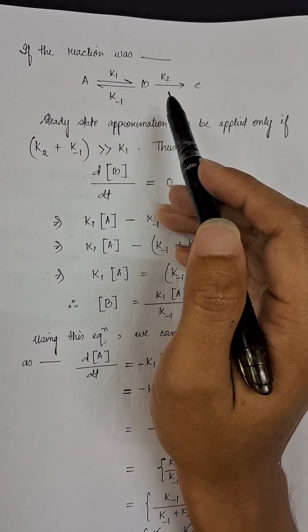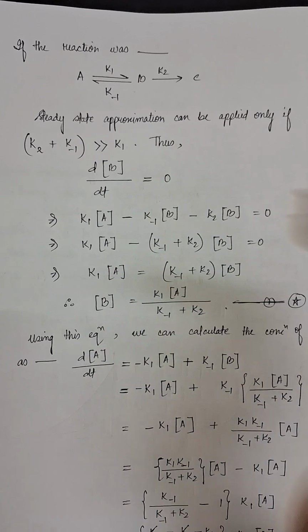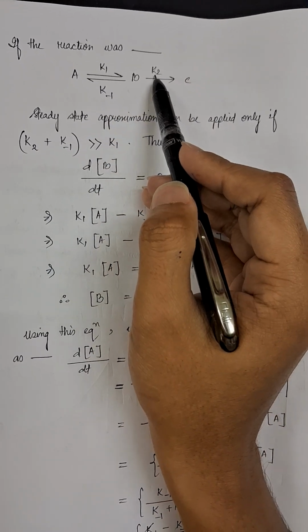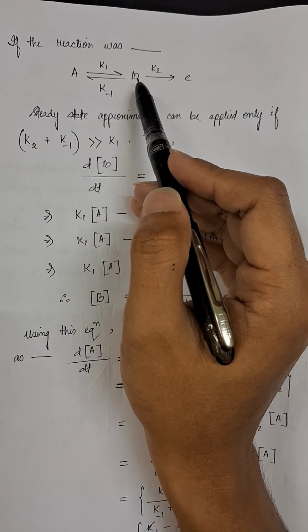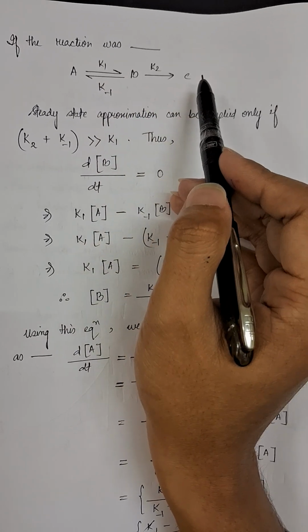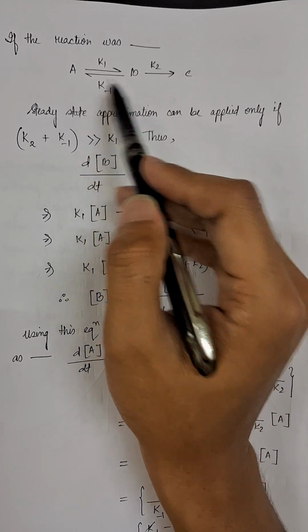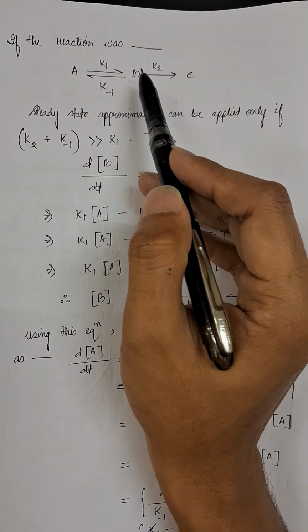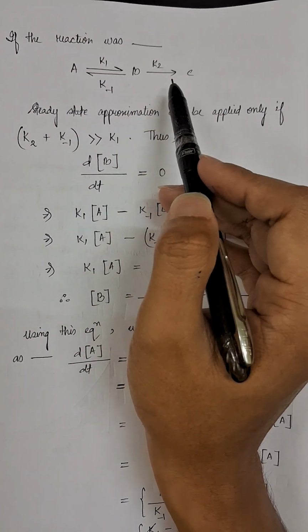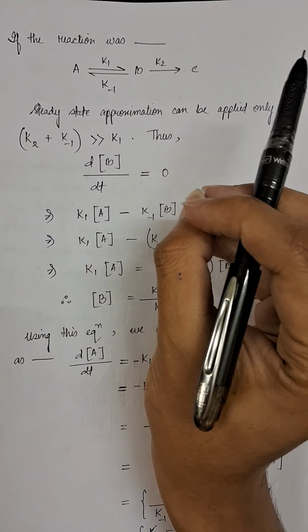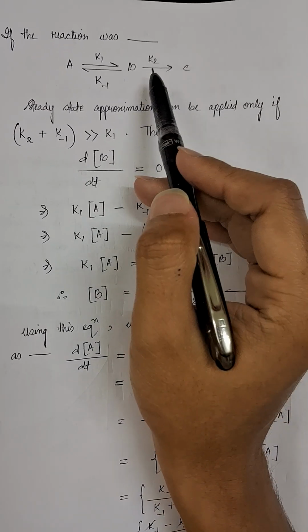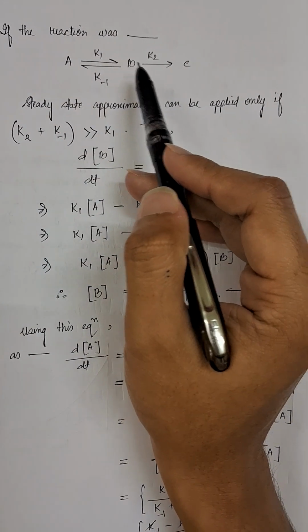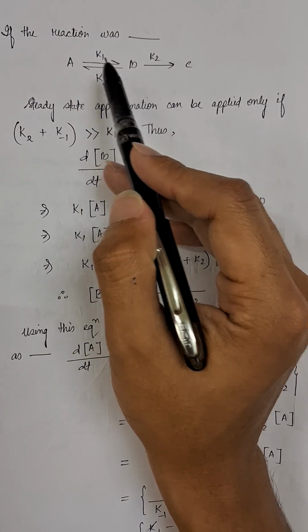In this case, two conditions are possible. Either K2 and K minus 1 are much greater than K1. That means the rate at which the intermediate B is decaying, to form C or back to A, is much higher than the rate at which it is forming, that is K1.